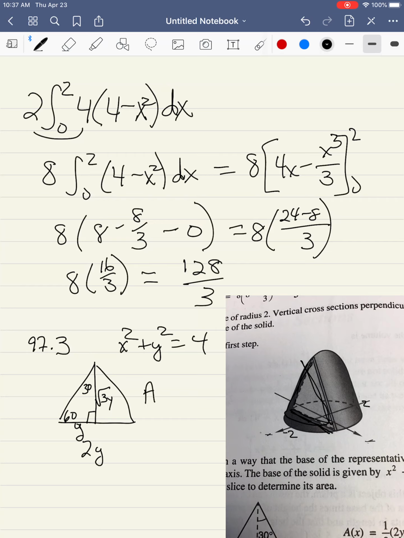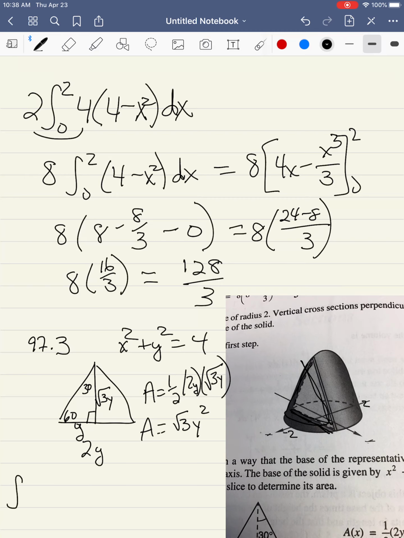All right, so then the area of one of the triangles would be 1/2 the base, which is 2y, times the height, which is square root of 3y. Okay, so that simplifies to be, the 2's cancel, and we end up with square root of 3 y squared.